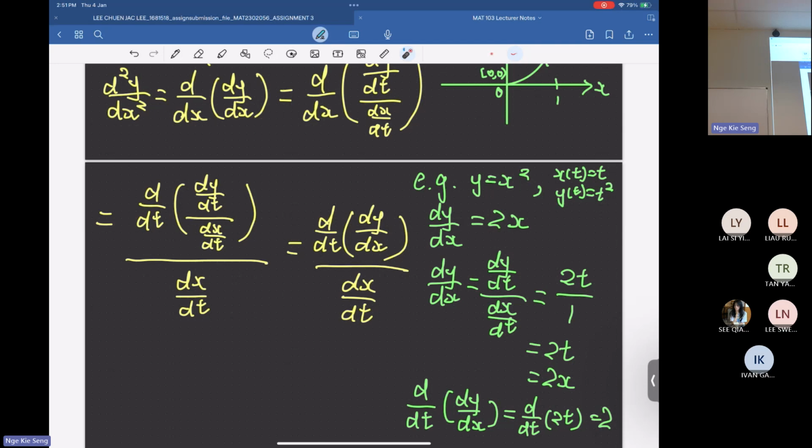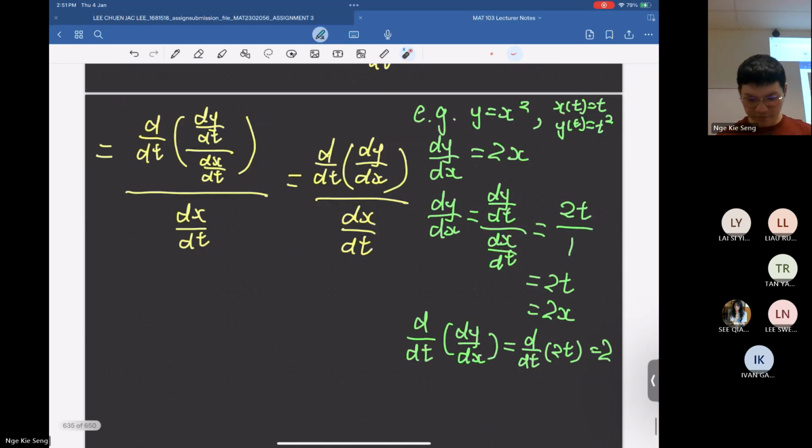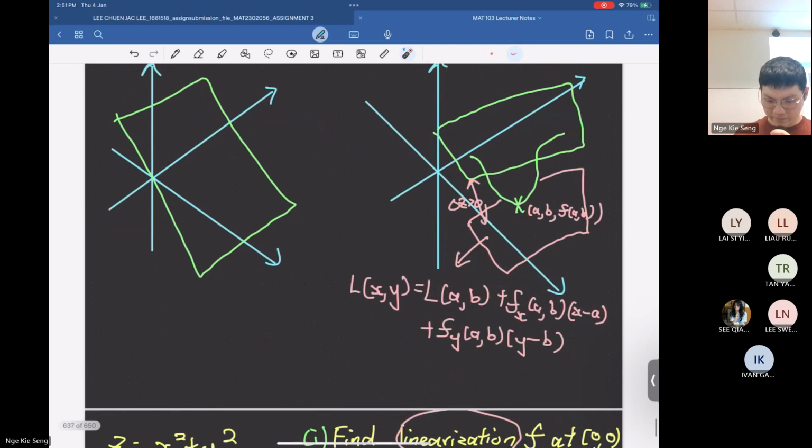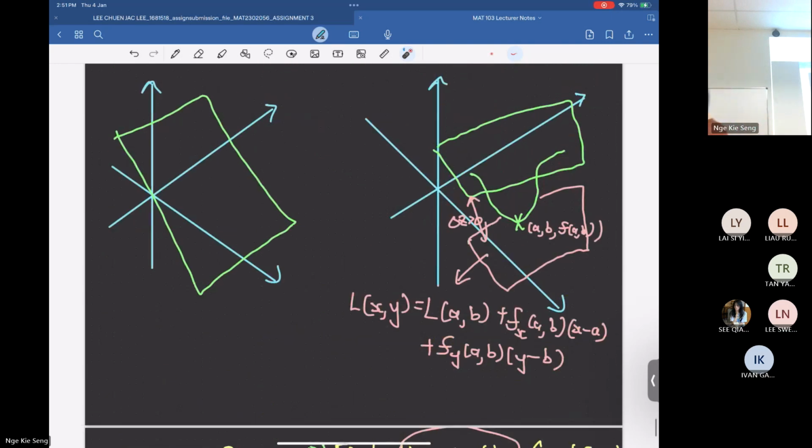When you sum them together, you are finding the equation of a plane. Then when you add the value, you shift the plane towards that point.